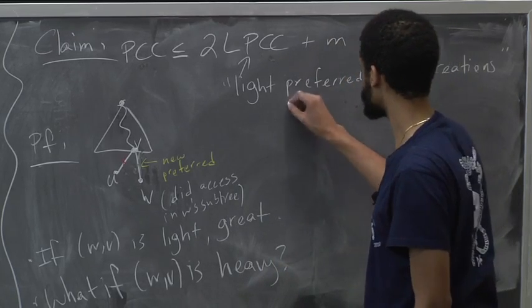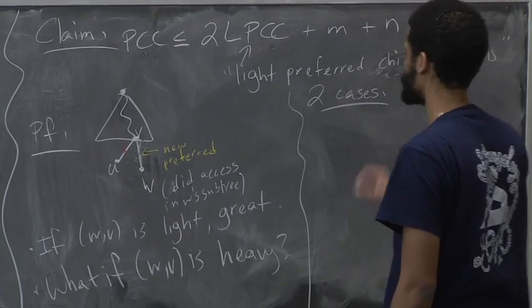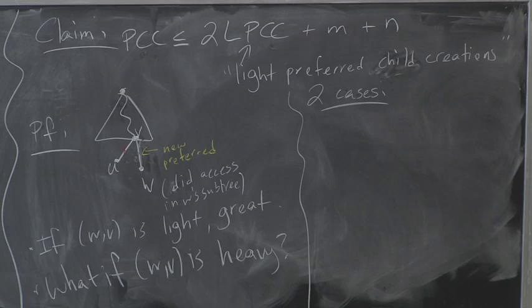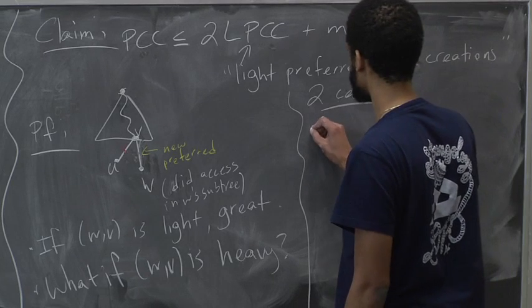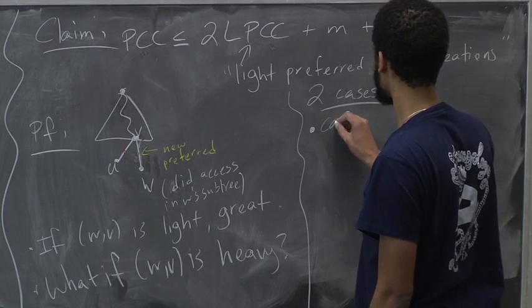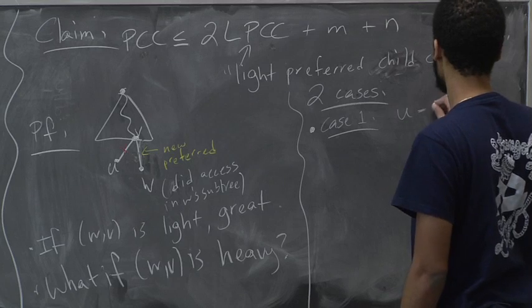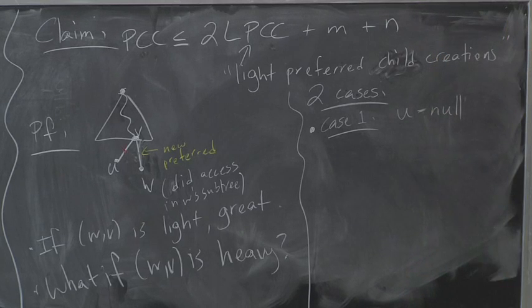Okay. There are two cases. In the first case, case 1, I'll say W is null. It might be the case that V didn't have a preferred child before, right?